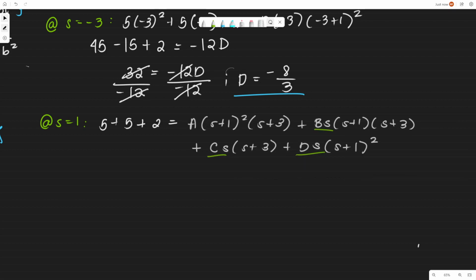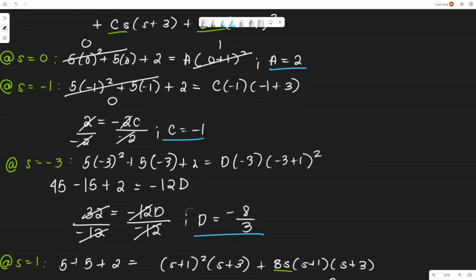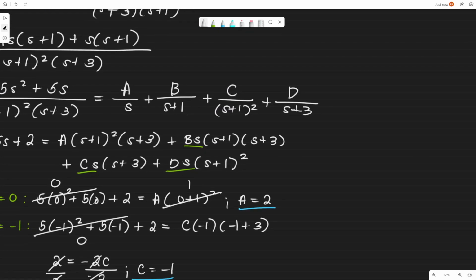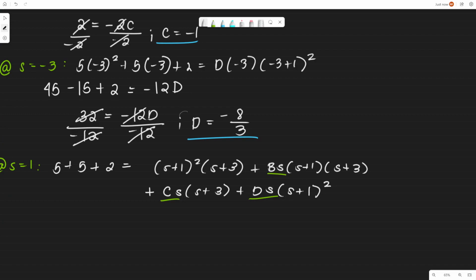Ayan. Palitan natin lahat ng letters, no? Lahat ng mga na-compute na natin. So we have for A, ano ang na-compute natin kay A? That is 2. Ayan.